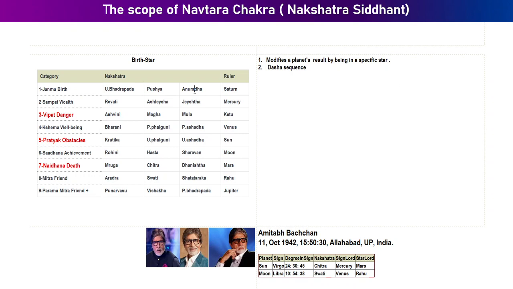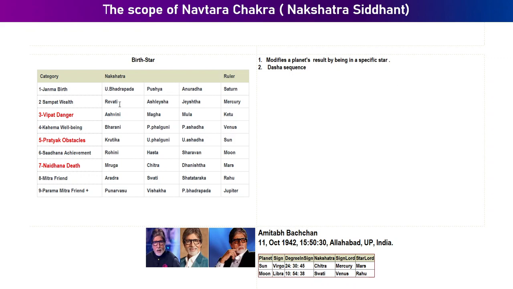your Janma or the birth star becomes a nakshatra that is ruled by Saturn. Then the second one, the Sampat, the nakshatra ruler will become Mercury. So this order is pretty much what you see in the Vishottari dasha, right? So you don't have to actually look into all these nakshatra.